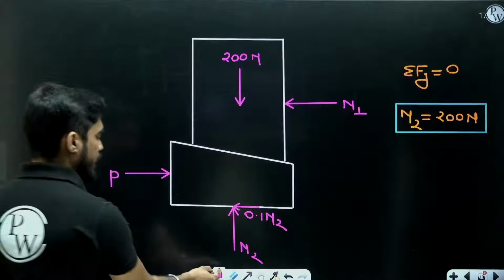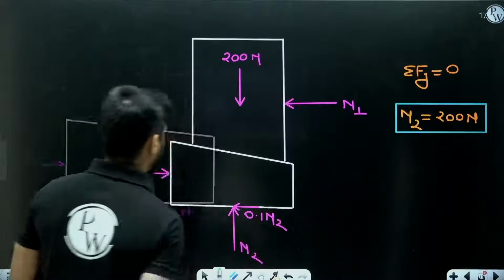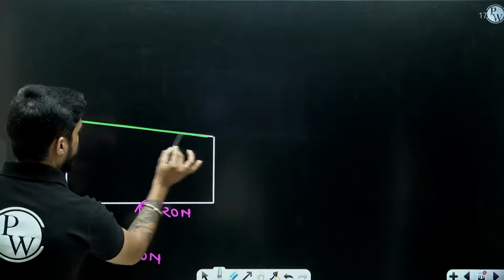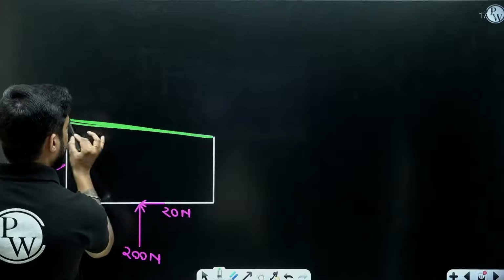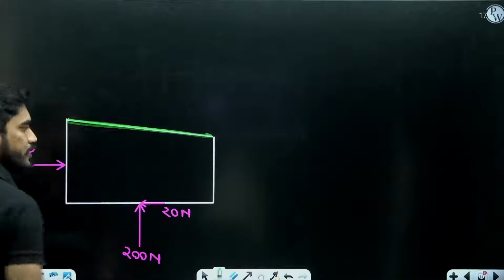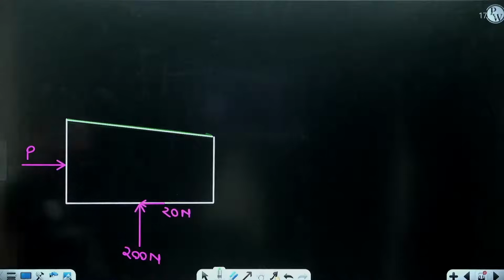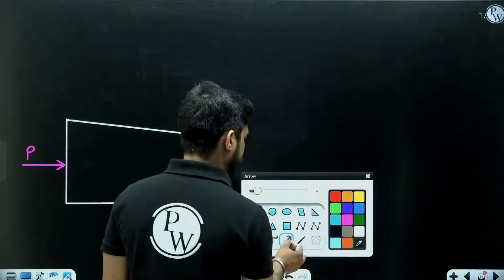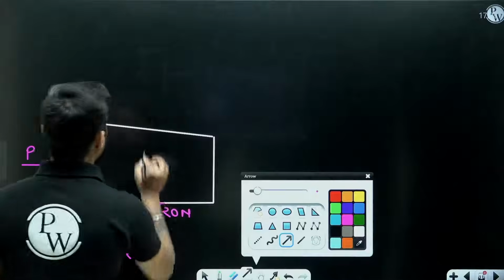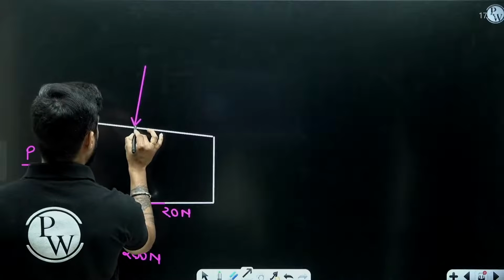Now here on this surface you will get a normal reaction and a friction force. Yes. So let's draw the normal reaction and the friction force. The normal reaction will be like this.